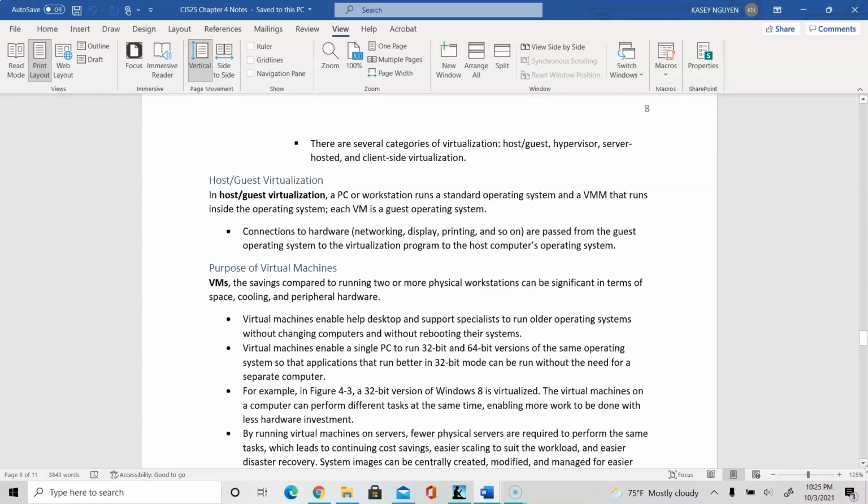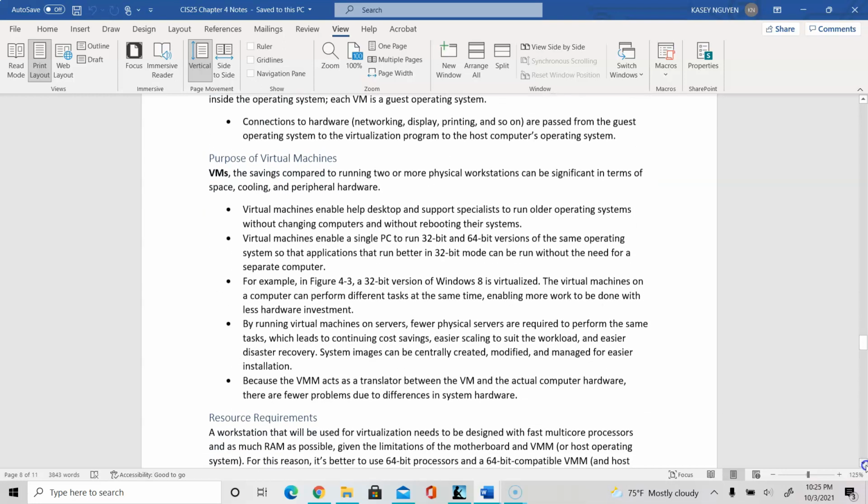So the host system is the desktop that you're using to create the virtual machine and run the virtual machine on. The guest virtualization is the virtual machine itself. So then it's able to communicate and treat them like separate systems across. Now, the purpose of a virtual machine is really simple.